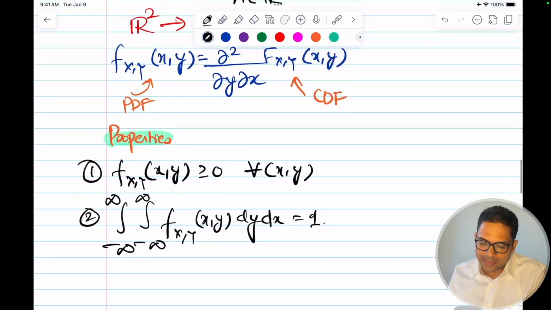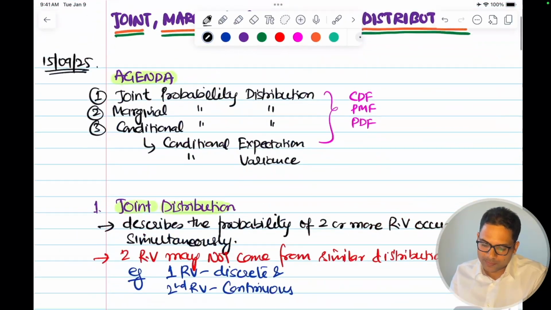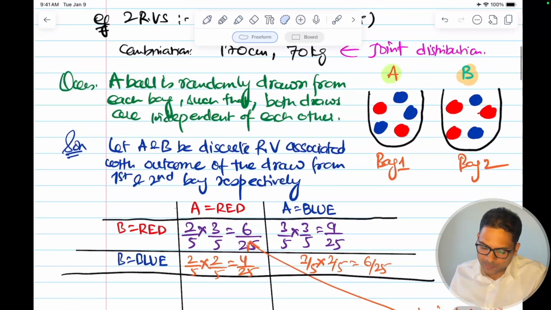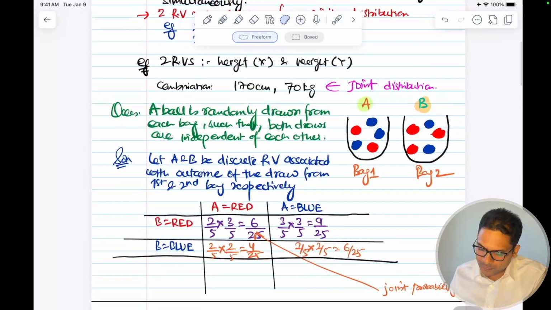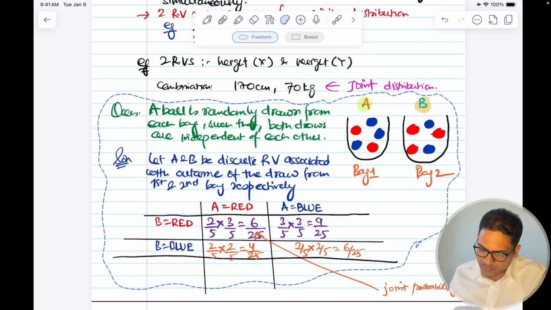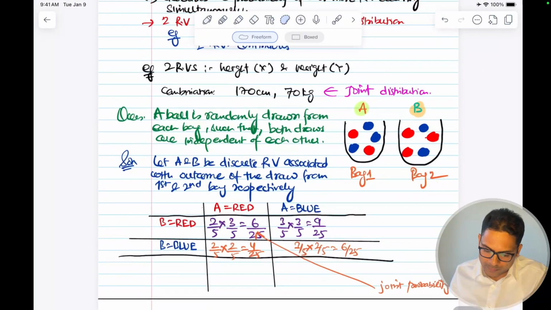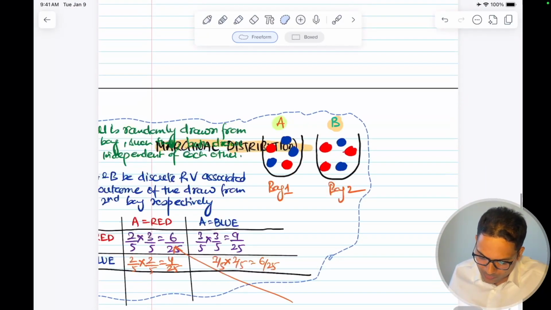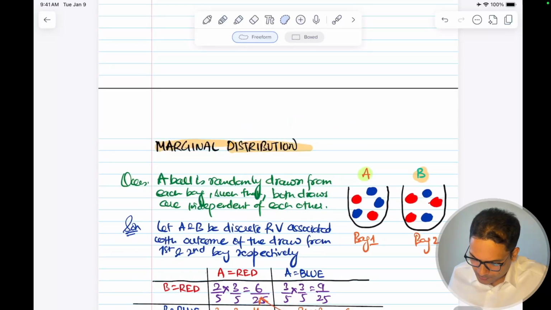Here in this case, I'll use the same example again, the same example for all the three.